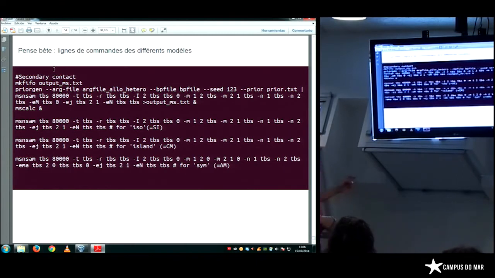With these 4 command lines, you have the 4 models I presented yesterday. So secondary contact, here it's isolation without gene flow.